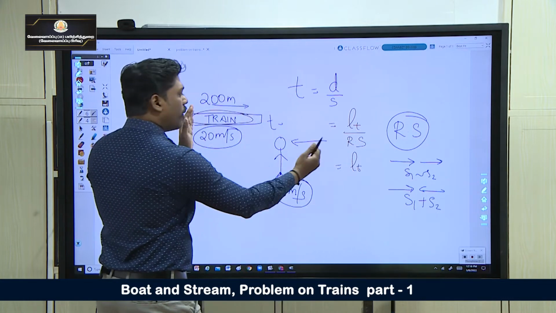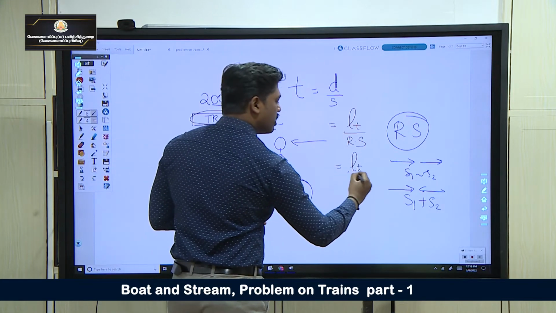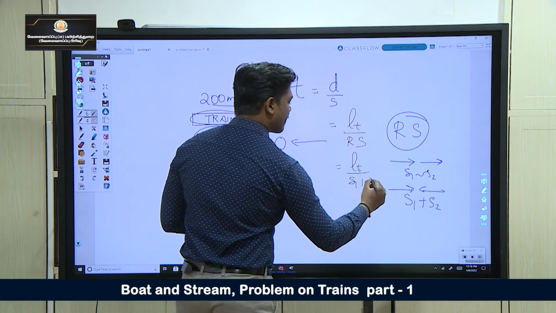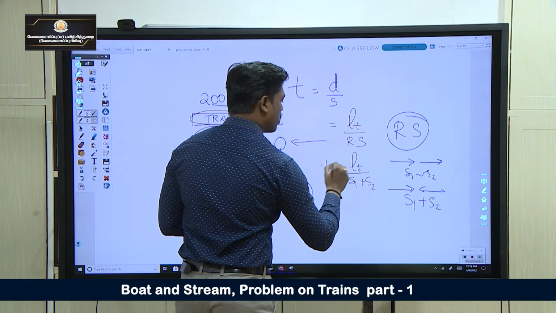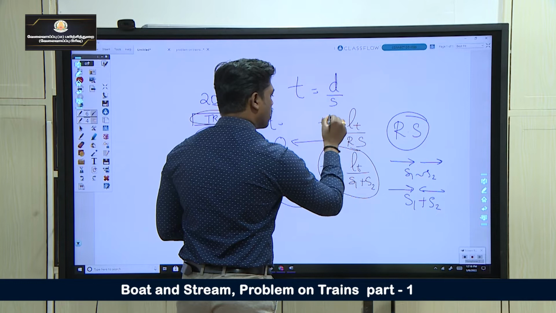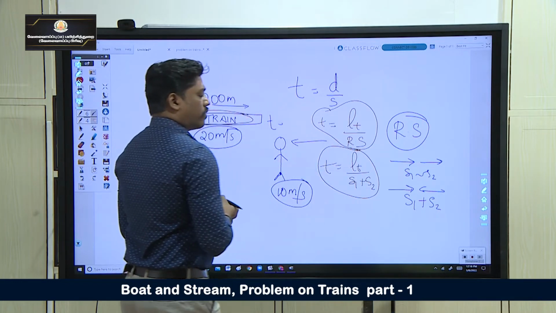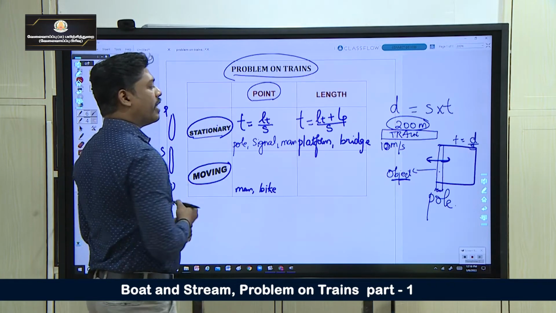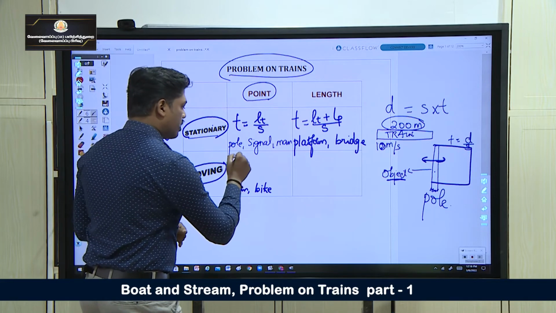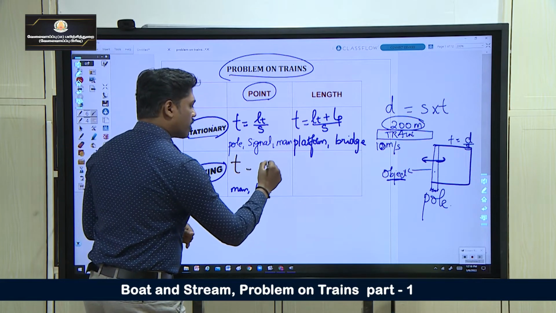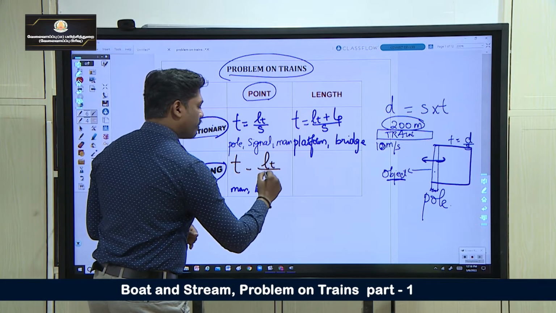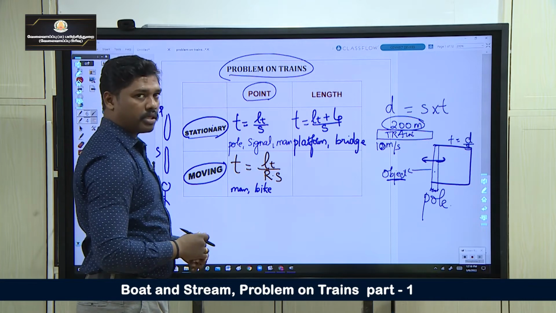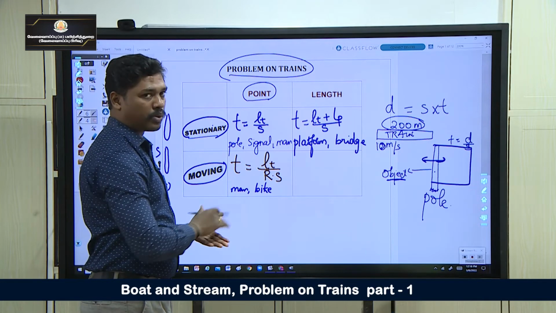They are moving in opposite direction. So it is the sum of the speeds, S1 plus S2. So the formula used here is time is equal to length of train divided by relative speed. Based on the directions, we can write S1 plus S2 or S1 minus S2.